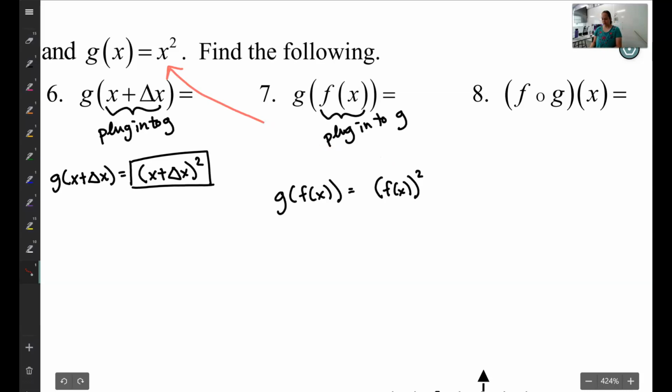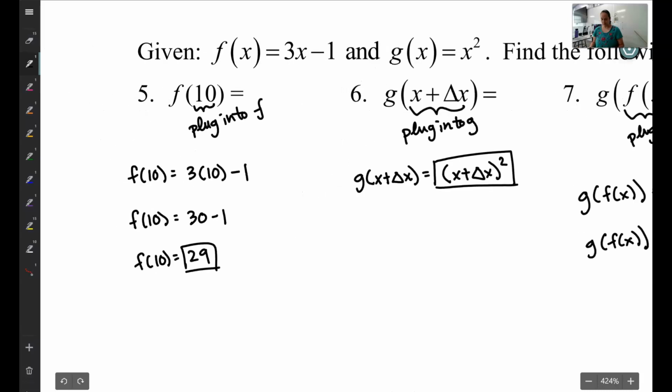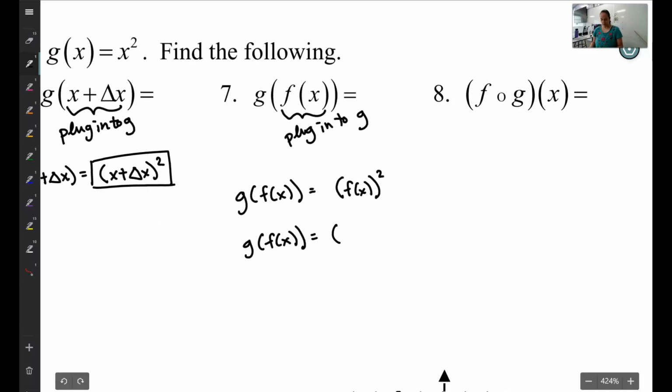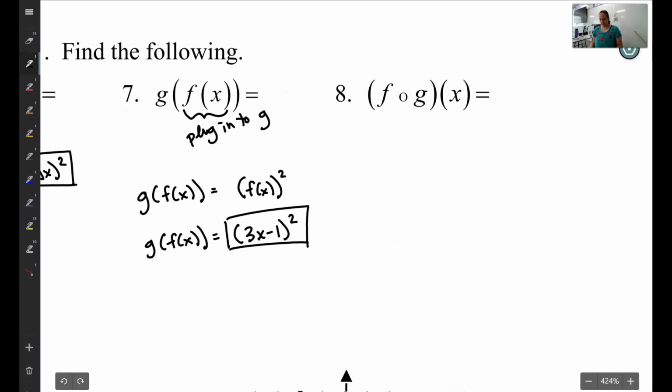Now I am going to plug in what f of x was. F of x is 3x minus 1. So 3x minus 1 squared. And once again, don't simplify. Fight the urge.